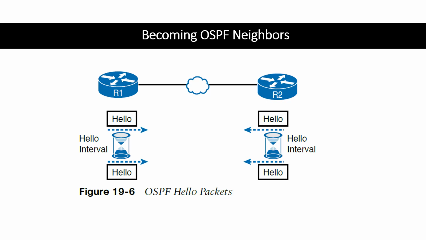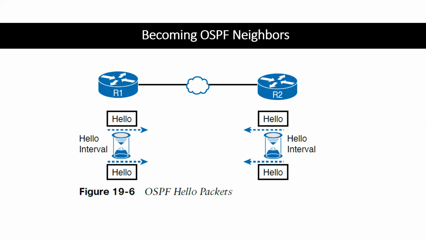But I want you guys to keep in mind something from this diagram: for this relationship to begin, we need to initiate sending hello packets. And how are hello packets sent?